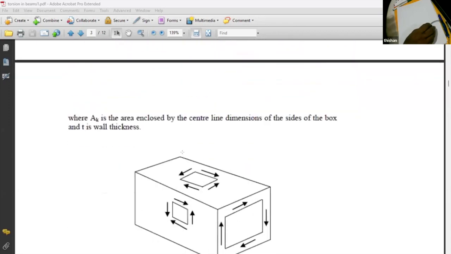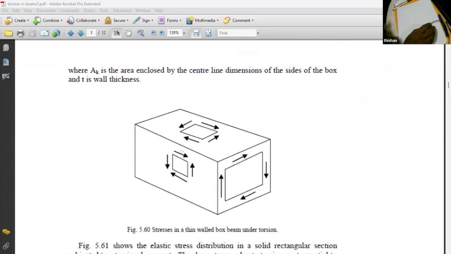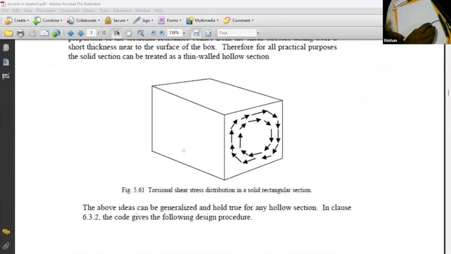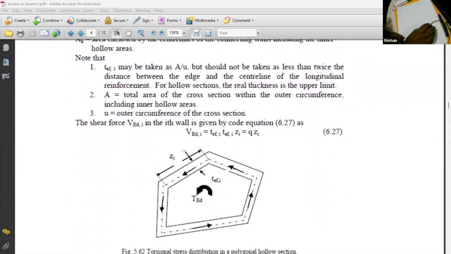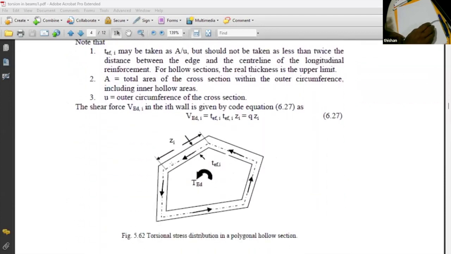And I'm going to refer to a diagram like this. Let's look at it. This is how the torsional shear flows. You can see the torsional moment is T_Ed, and the area surrounded by this particular center line is Ak.